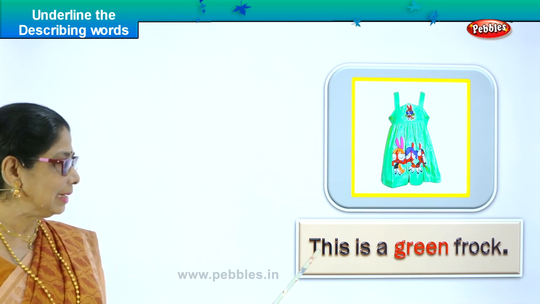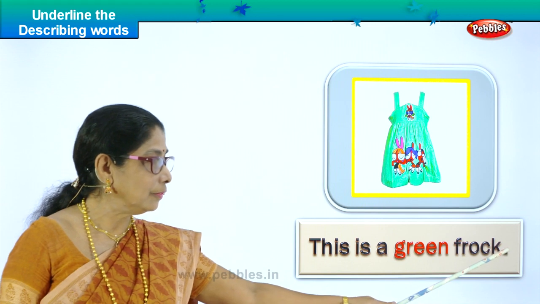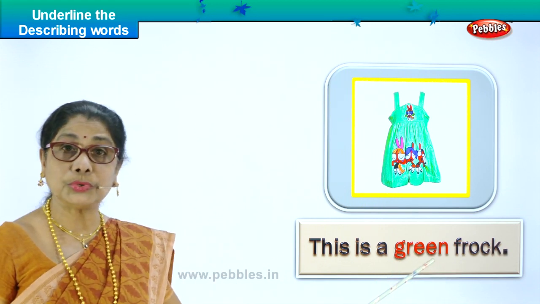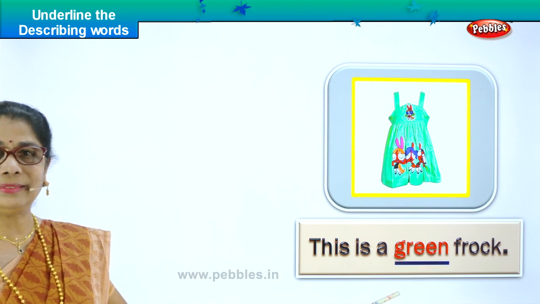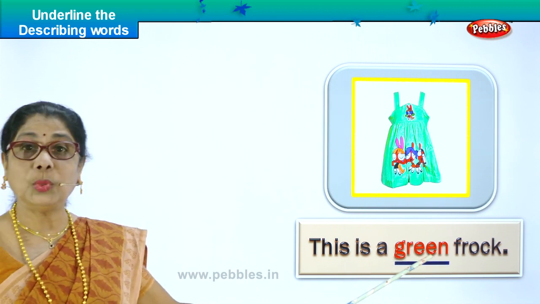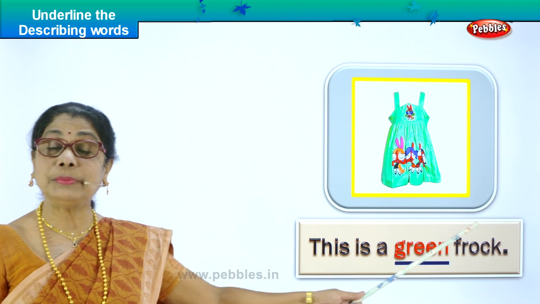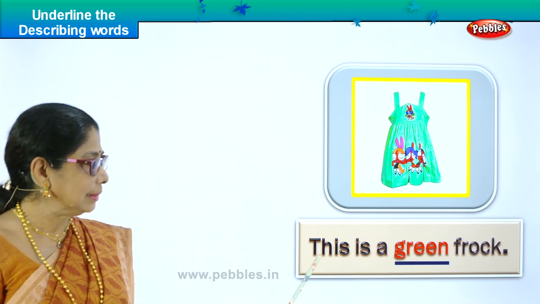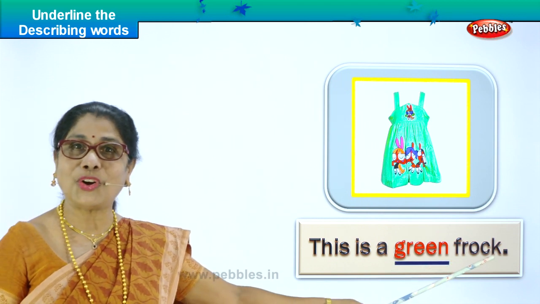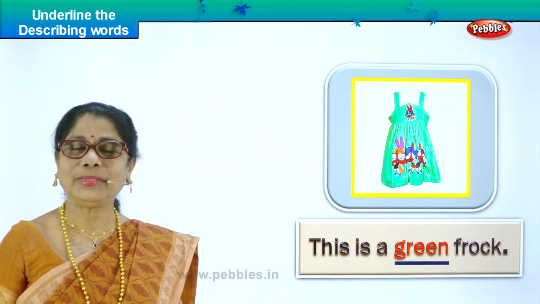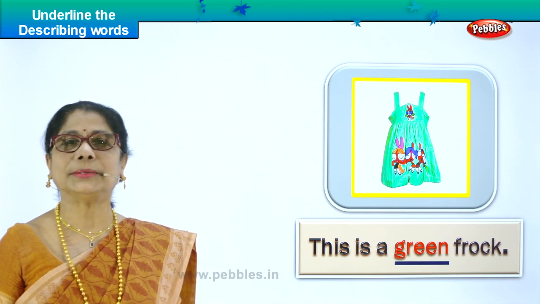Yes, the sentence begins with a cap letter and ends with a full stop. The word used to describe the dress is green. So we underline the word green because it describes the frock. Yes, read the sentence. This is a green frock. Good. Let's go on to another picture.